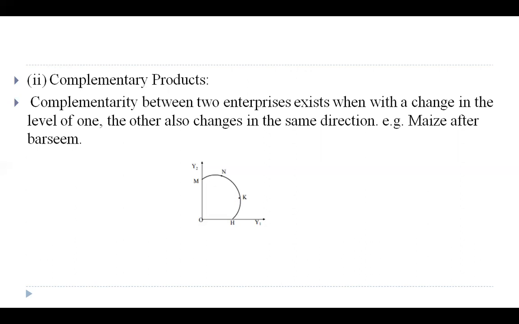Whatever the change in one product, the change in the other product is also in the same direction. Then we can call the relationship a complementary relationship between two products. If the complementary relationship is there, then the shape of your production possibility curve is like this. It is connected with the x-axis and it also touches the y-axis. So this is the shape.